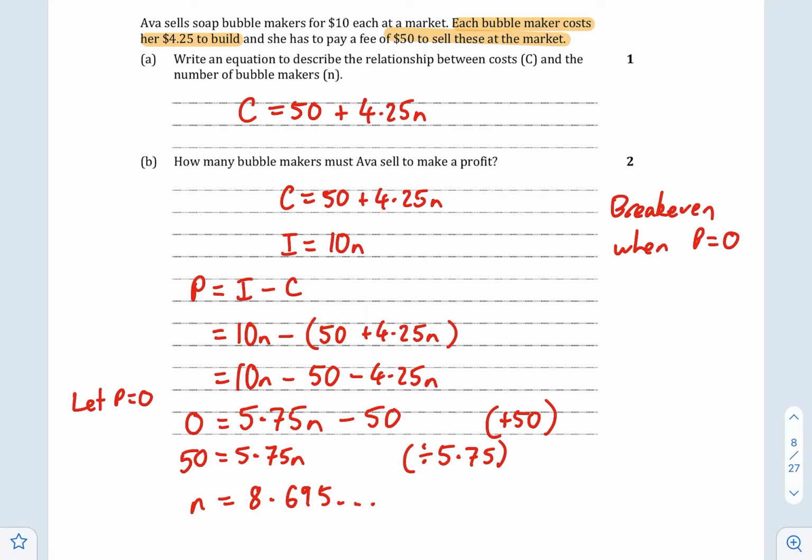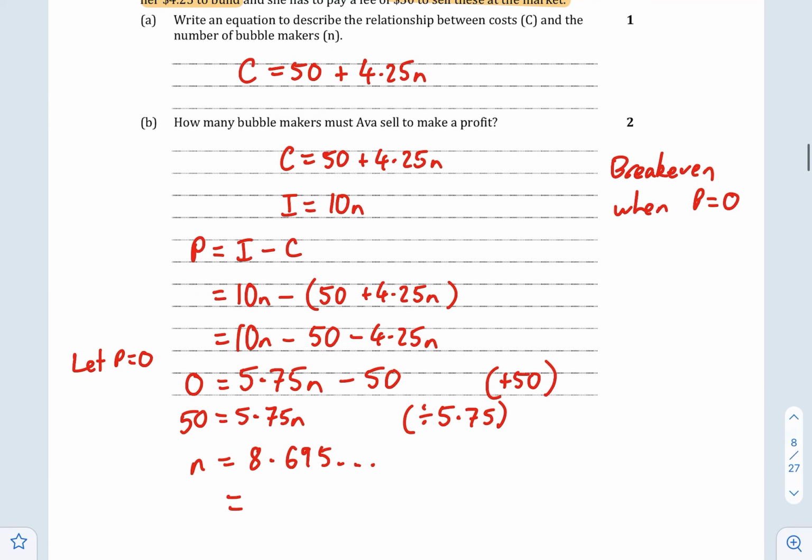But the problem is she can't sell or make part of a bubble maker, so it must be 9. 9 bubble makers to make a profit.